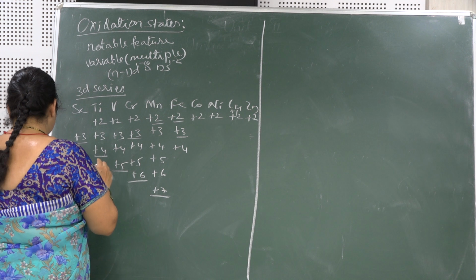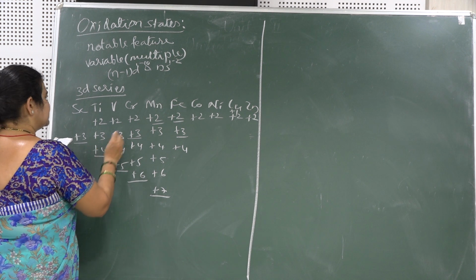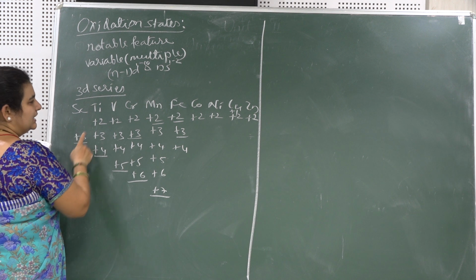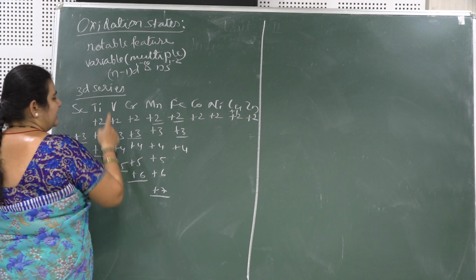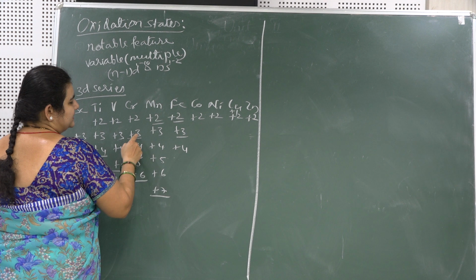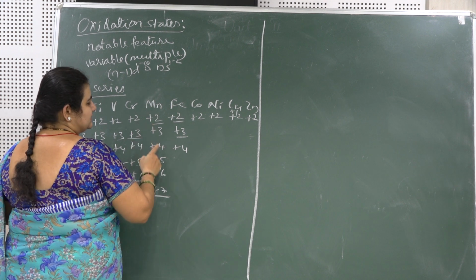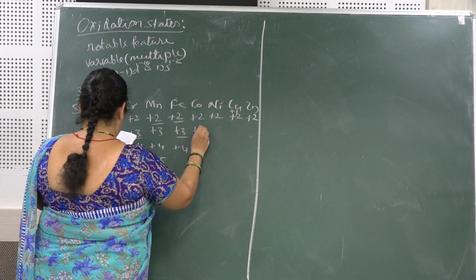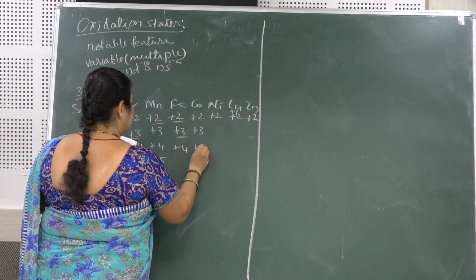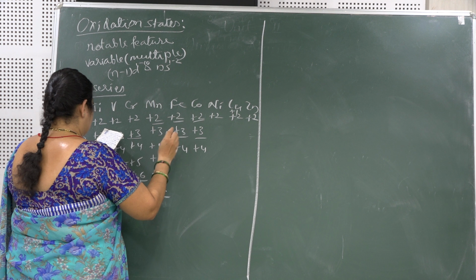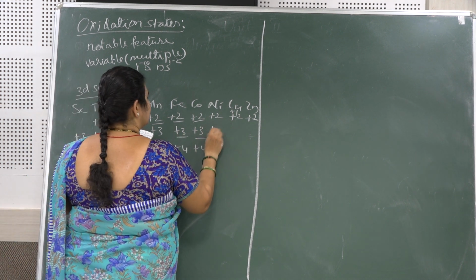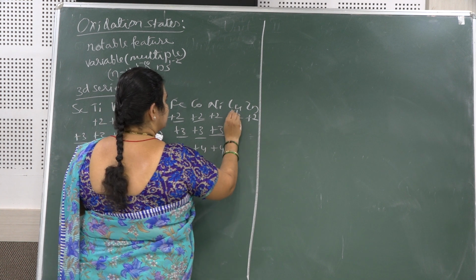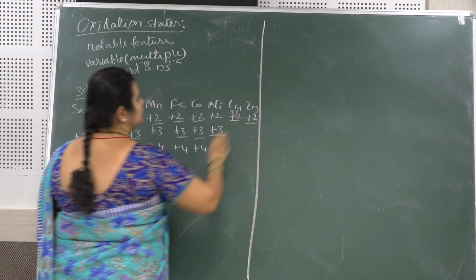The underlined one will be the most common oxidation state of the element. Scandium +3, titanium +4, vanadium +5, chromium +3 and +6, manganese +2 and +7, then Fe +2 and +3, cobalt +2 and +3, nickel +2 and +3, copper +1 and +2, zinc +2.